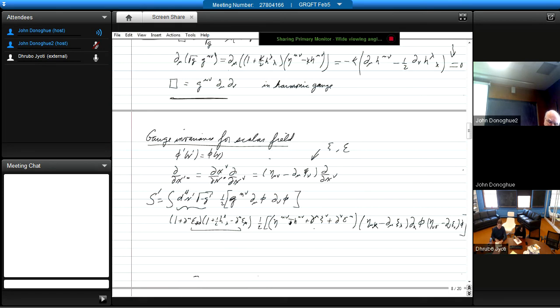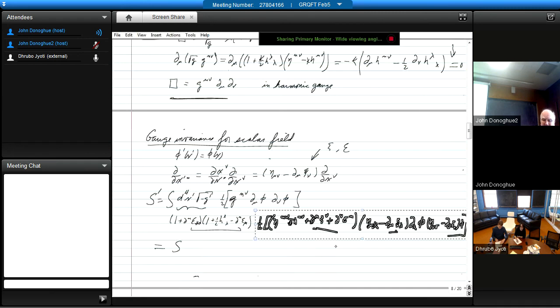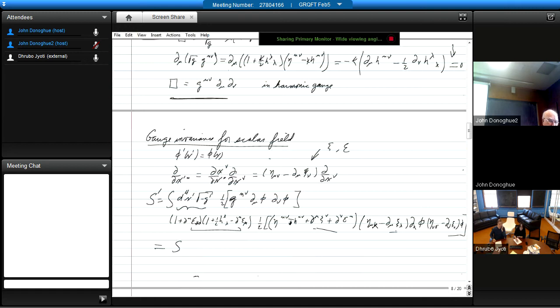At the end of the day, these guys cancel off those guys there, and I come back with just the action S again. So you can see there's a derivative here that when combined with the eta cancels one of those pieces, and the other piece cancels the other.